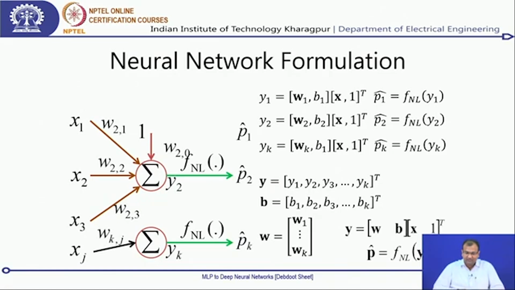Now, if I clearly look into it, my total transformation equation can be written in terms of just a matrix multiplication. This will be a matrix multiplication of my weights W and bias B, these two kinds of matrix, with the input, which is arranged as a matrix, and that gives me an output matrix. This output matrix is a column matrix, and my input matrix is also a column matrix.